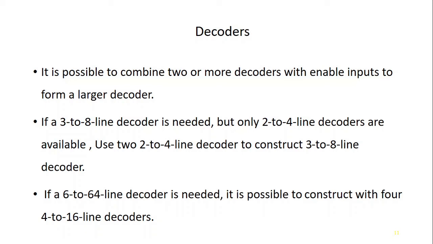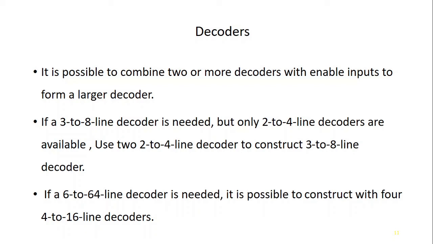Suppose we need to construct a 6 to 64 line decoder, and we only have 4 to 16 line decoders available. In this case it is possible to construct it, but the number of 4 by 16 decoders must be 4. That means by combining 4 different 4 to 16 line decoders, we can form a 6 to 64 line decoder.